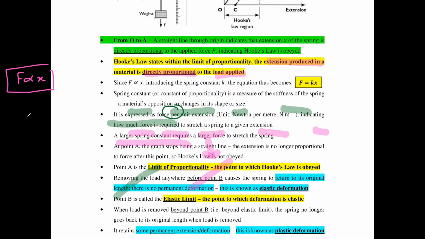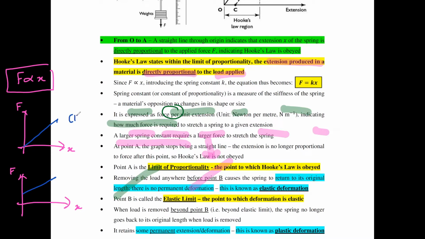So if I were to give you a graph of, say, force versus extension like this, and I tell you that there are two graphs, one of it looks like this, one of it looks like this, which of these is actually obeying Hooke's law?